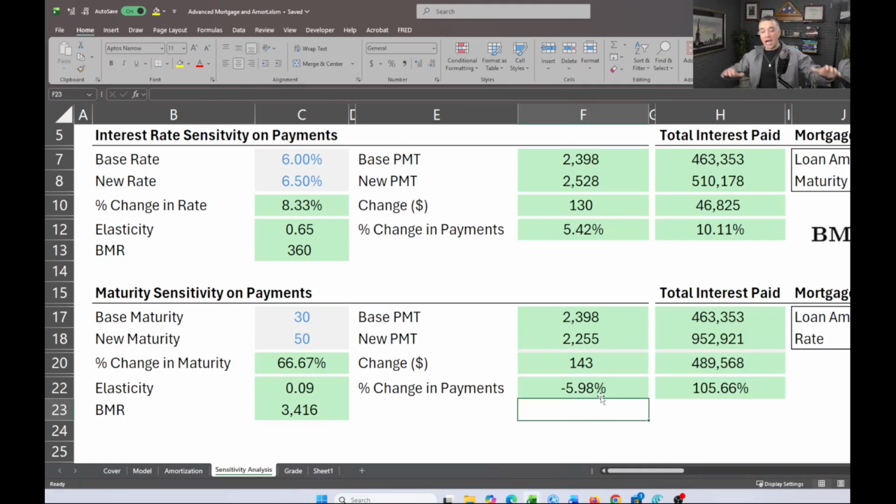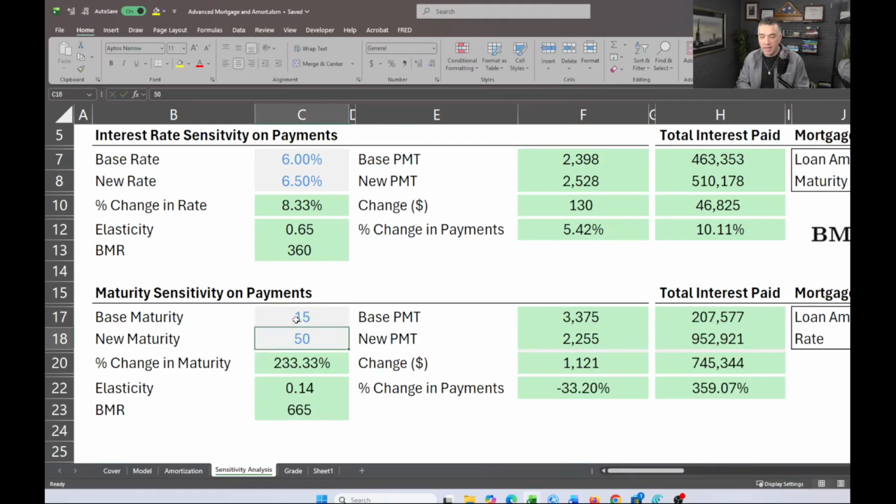So you say, okay, I'm going to save $143 per month, but I'm going to pay another house, right? A $400,000 loan, you're going to pay $952,000 in interest. That's $489,000 more. And it'd make it even crazier. What if this was a 15-year mortgage? Look, you're only going to pay two. That's how much interest you will be paying extra by increasing it to 50 years.